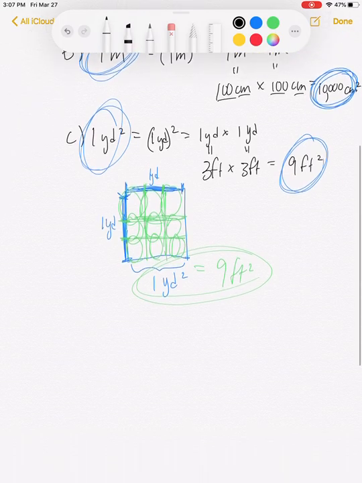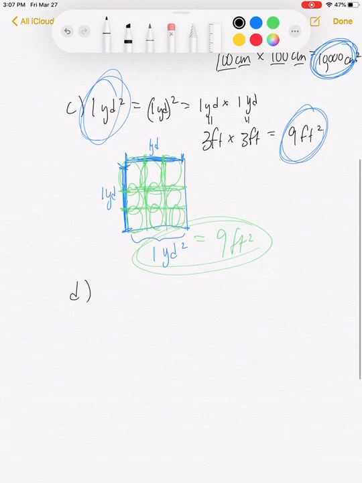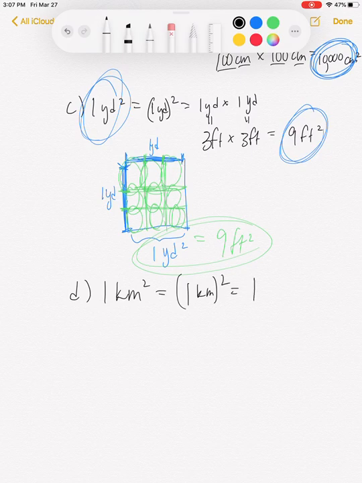Going on to part D, we're using kilometers. 1 kilometer squared. We go down to meter squared. Okay, 1 kilometer quantity squared. 1 kilometer times 1 kilometer. And when we do that, we're going to get each kilometer is equal to 1,000 meters, right?